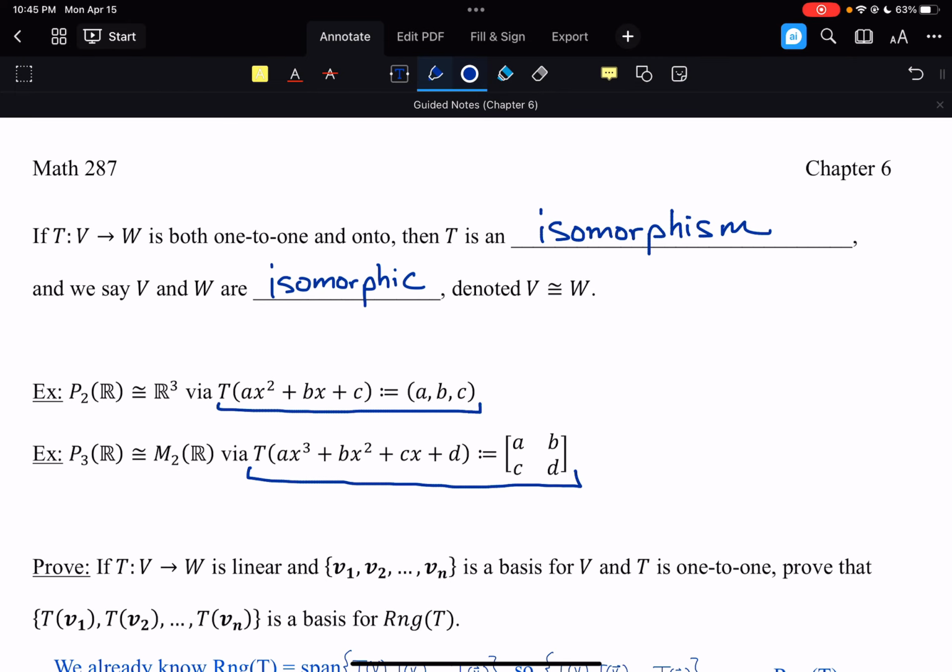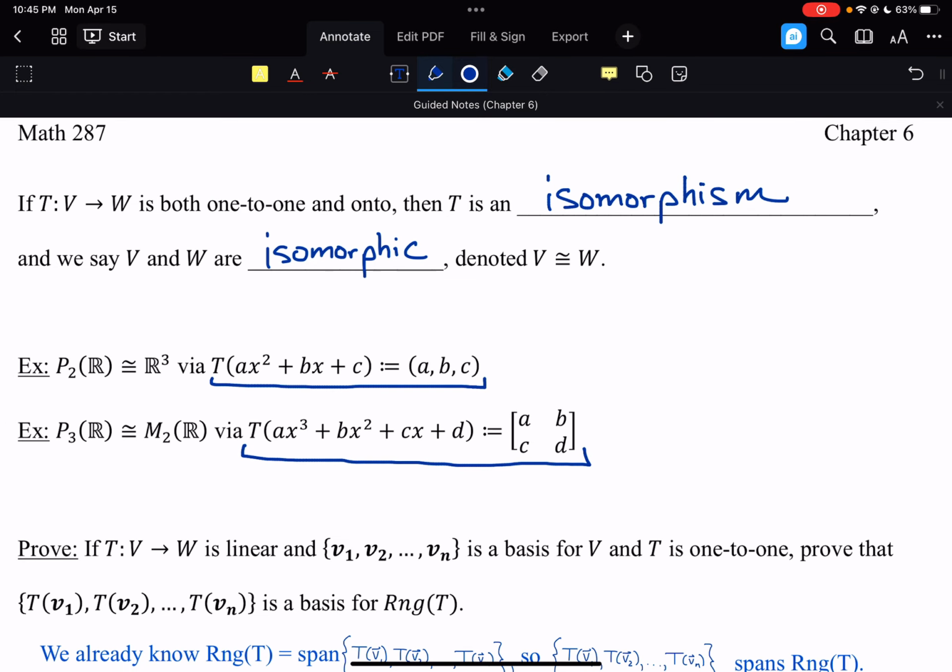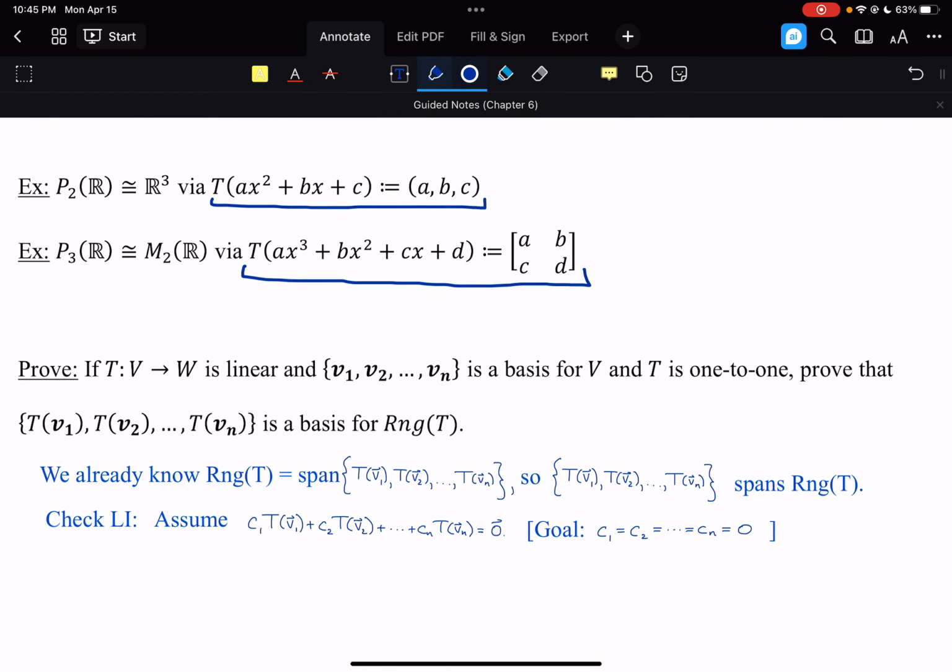Now, we're going to do a little bit of a proof here. I filled in some of it already, but we'll talk about it as we go through it.